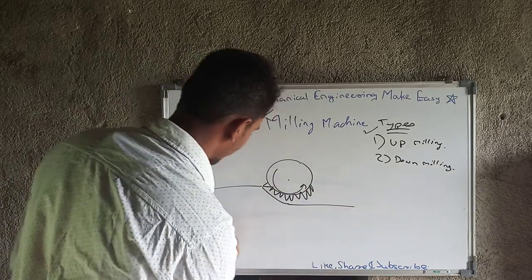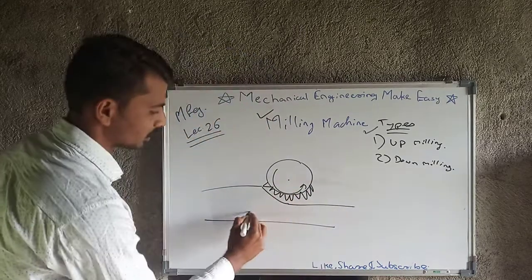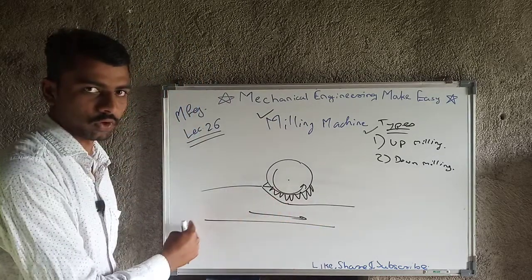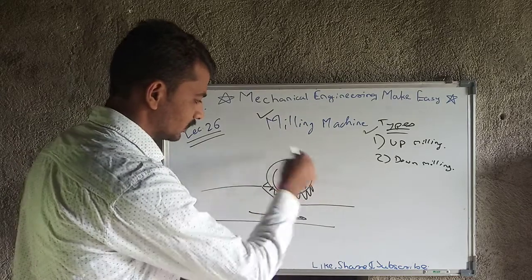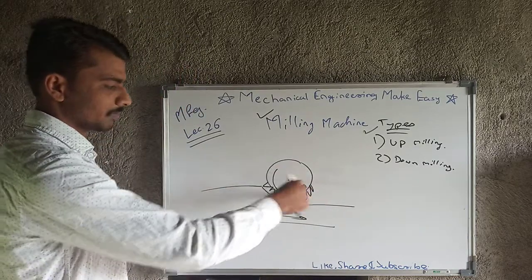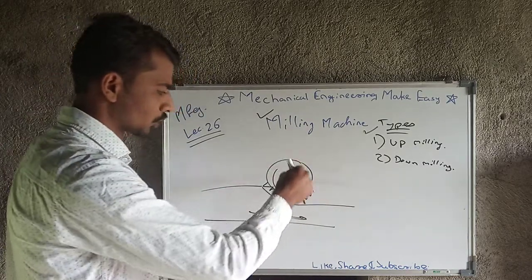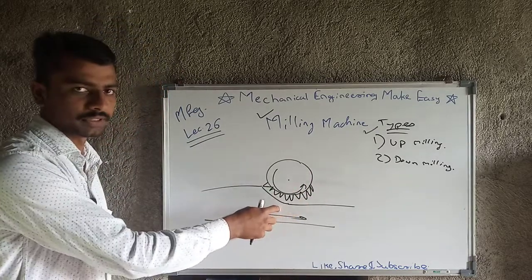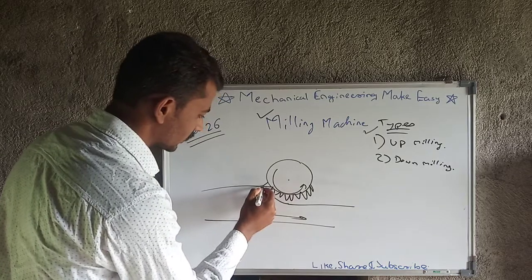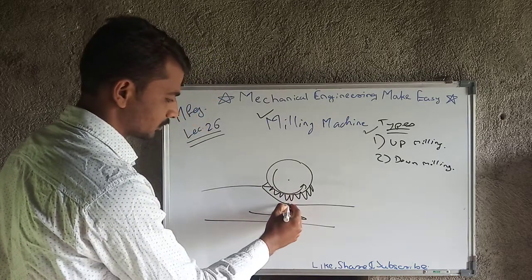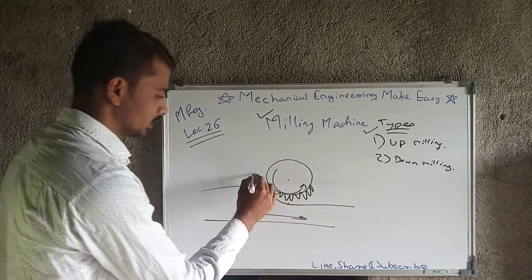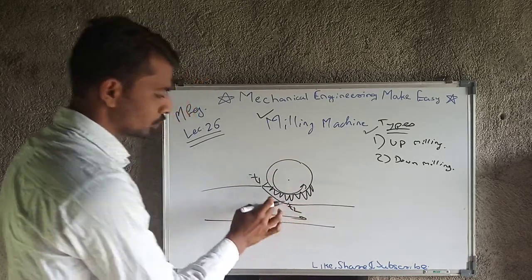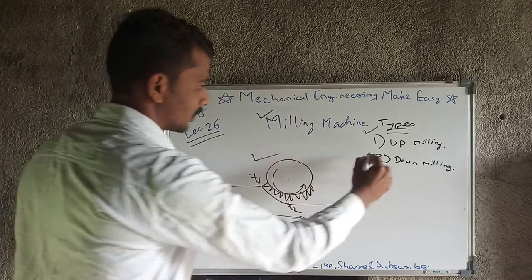So here the cutting action is happening, and the workpiece direction is now from left to right, and the tool is also in the same direction, that is counterclockwise. The direction at this point is the same for the tool and the workpiece. And here the thickness T1 will be maximum and T2 will be minimum. So this is nothing but down milling.